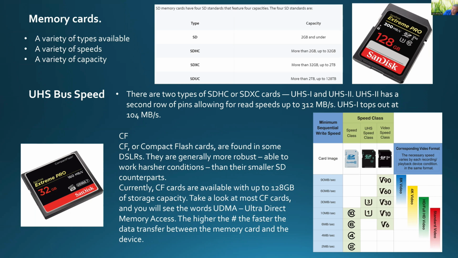If you've got nothing but money and you want to spend a lot of money, get the SDUC, I guess, but I don't see any point in that, really. I have 256 as my biggest memory card, and I definitely don't fill it.